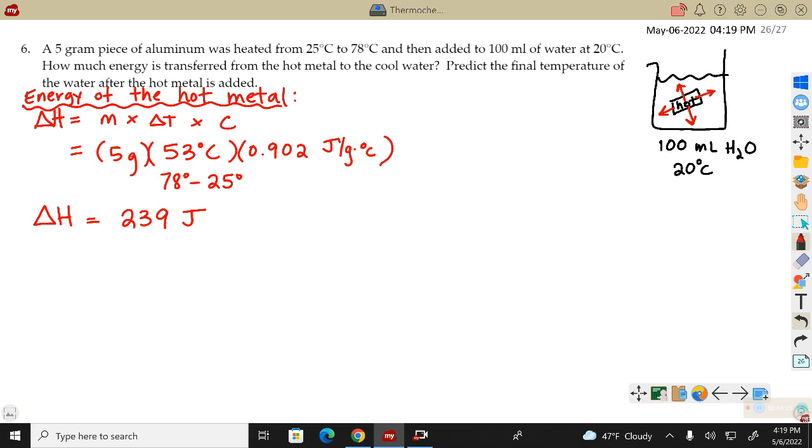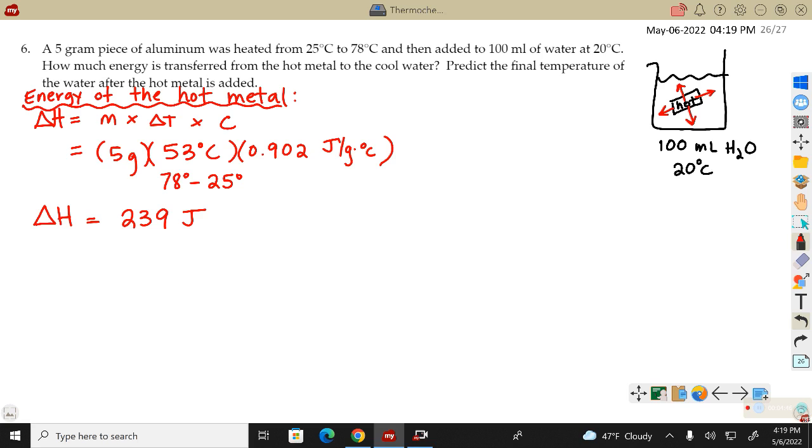Could it also transfer to the air? Of course. And when we think about system and surroundings, the system is that hot piece of aluminum. The surroundings is everything surrounding it, which, I mean, the number one particle that's in contact with that hot piece of metal is the water. But some of the heat could be released from the surface of the water to the air. Maybe some of it is absorbed by the beaker.